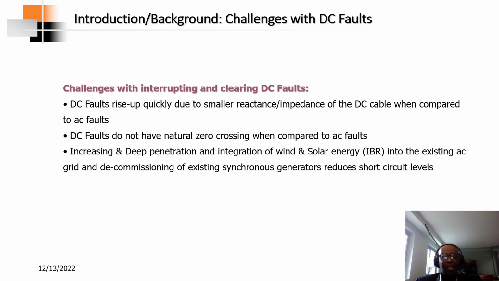Inverter-based resources do not contribute inertia to the power system as traditional synchronous generators do, which have larger mass rotors that contribute high inertia to the grid, to stabilize the grid and prevent the rate of change of frequency from decreasing at a fast rate.